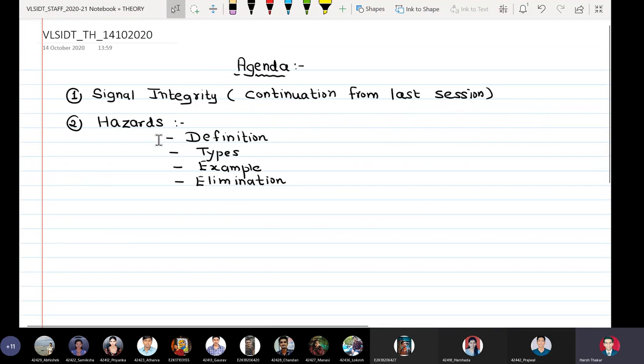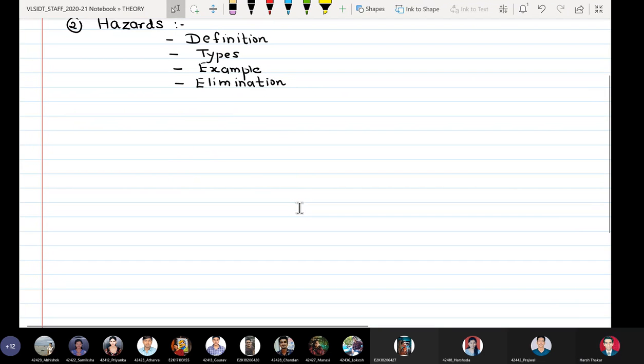Once we discuss the pending topics under signal integrity, we will discuss a very interesting topic called hazards. We will define hazards, list the different types of hazards, take one circuit example which is suffering from the problem of hazard, and then finally the elimination of hazards in a circuit.